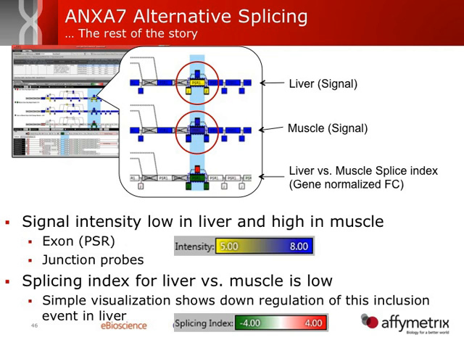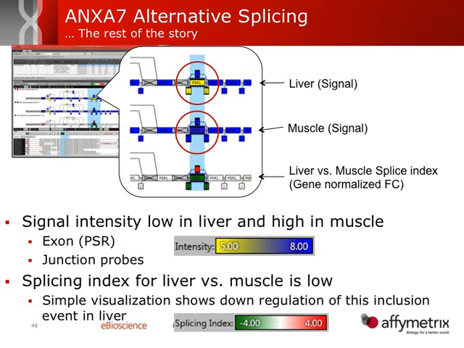So what I want to do is draw your attention to this third line down here at the top. This is the information that we call splicing index. Essentially, this is the fold change information at the exon level that's normalized first for differences at the gene level. So we take the differences at the gene level out first, and then we look at the exon level differences.